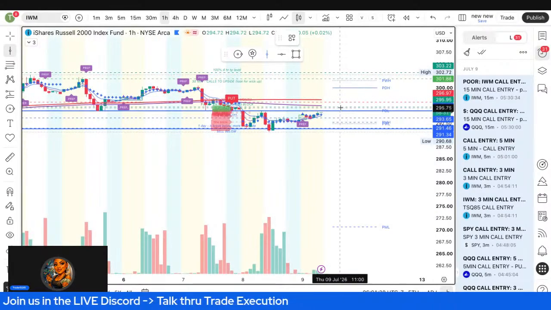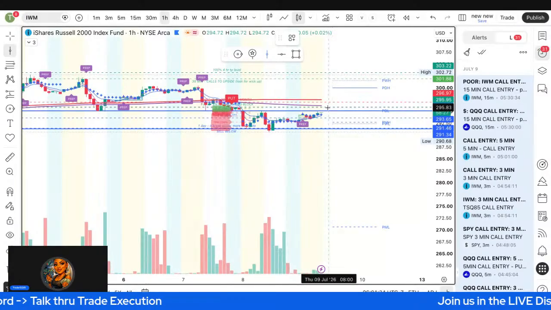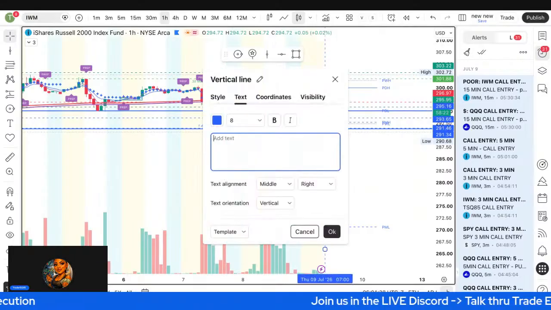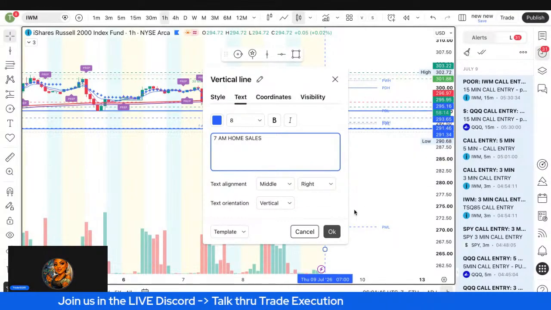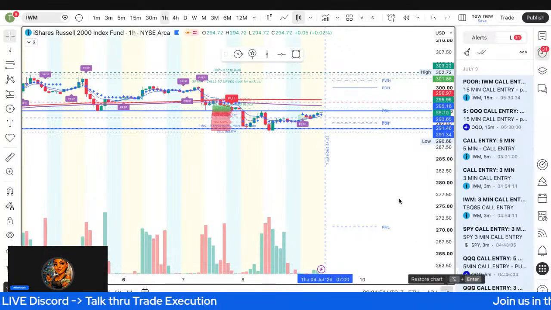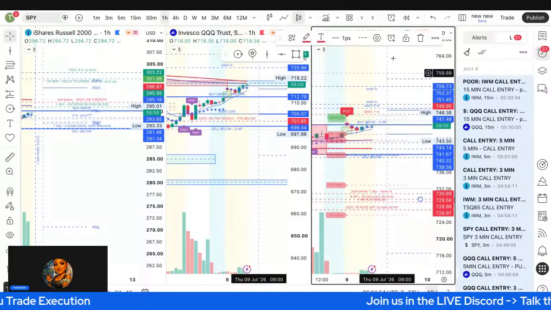Trying to get a better sense for rhythm so that I don't forget certain things. So 7 o'clock, it's existing home sales. And then I usually like to start over on SPY and then work my way over. So let's do that.